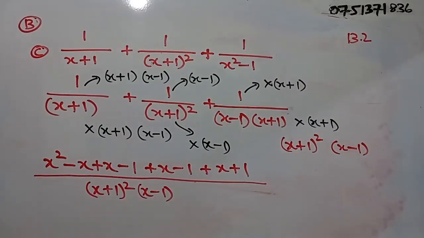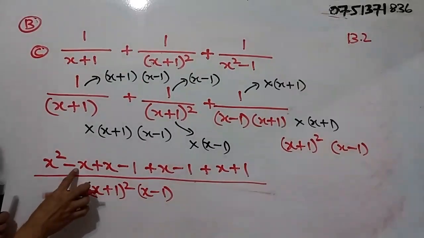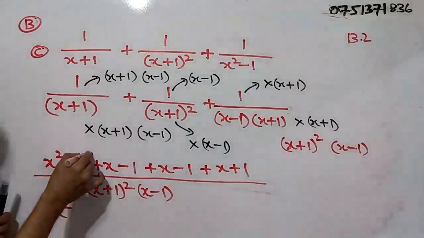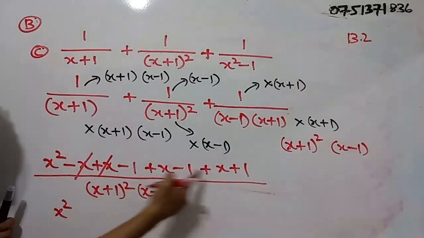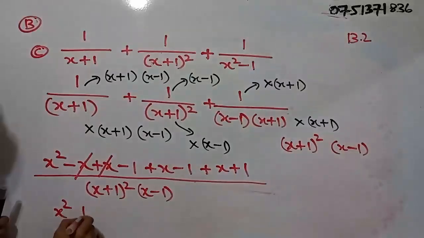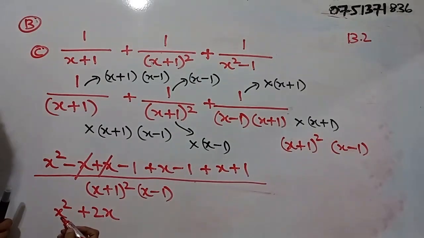Right. So actually we can do some simplifications here as well. So we have x squared here. There is only one term for that, so we can write x squared. Then we have minus x plus x, so we can cancel off these two. Then we have plus x and another plus x, so the outcome should be plus 2x.